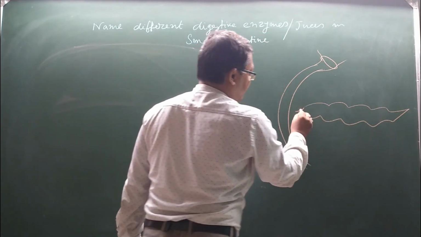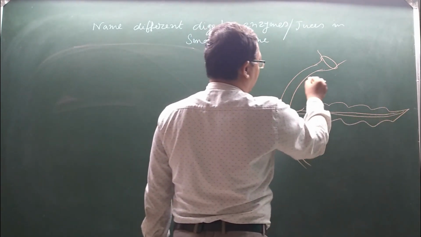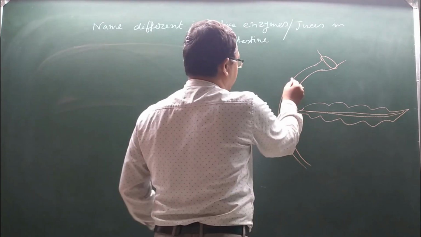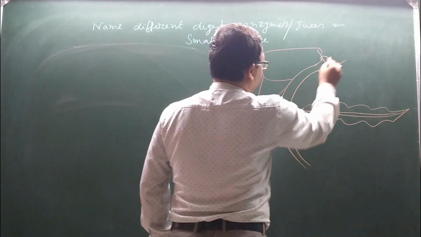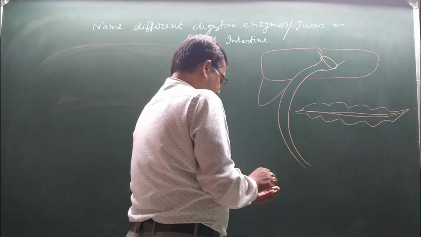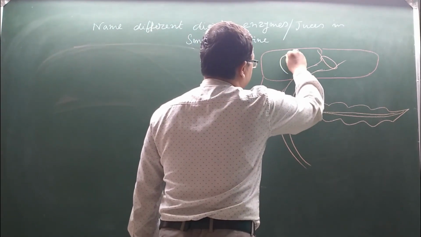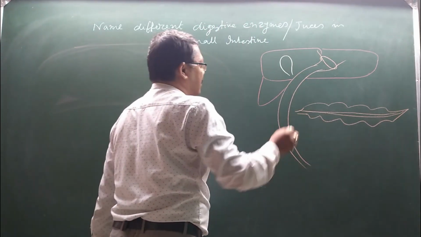This is the pancreatic duct, and this is the liver. On the upper surface of the liver, a muscular sac-like structure is present. This is called the gallbladder.